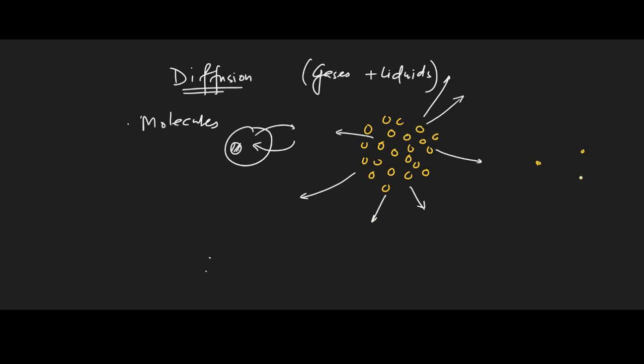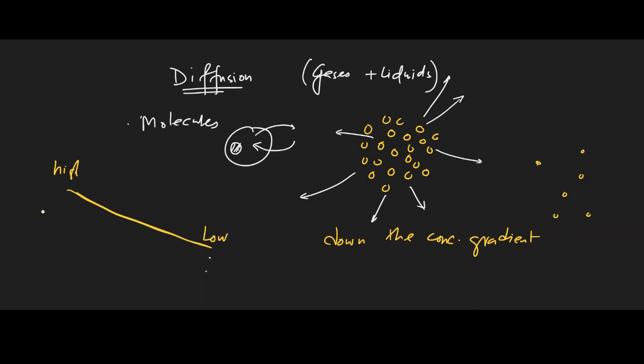Even if there are a few yellow molecules over here in this part of space, the molecules will still move from a region of their higher concentration to a region of their lower concentration, or no concentration at all. So the flow is described as a flow that happens down the concentration gradient, from high to low.